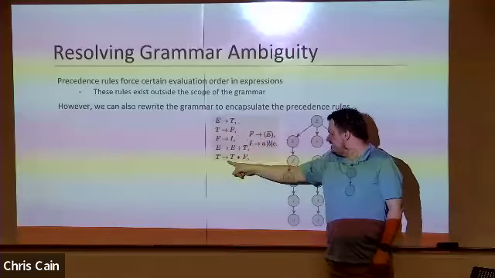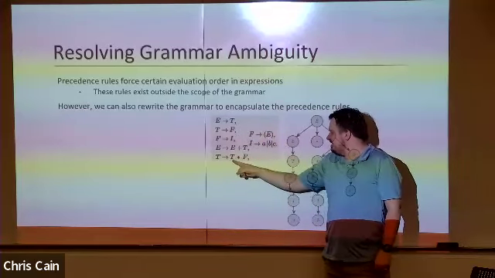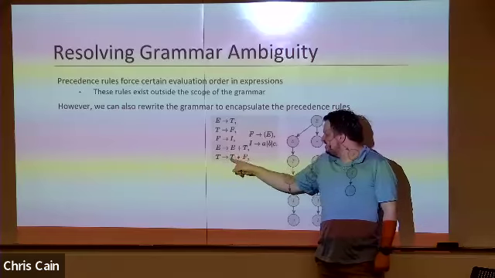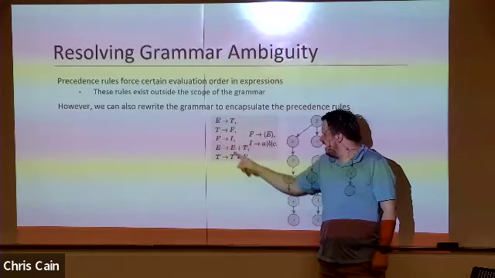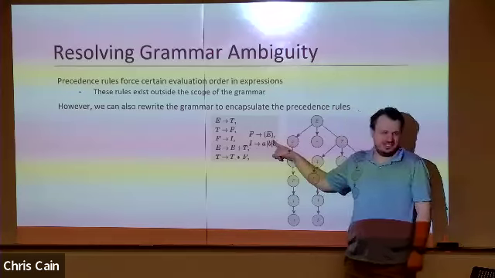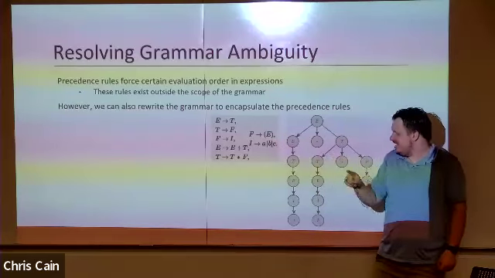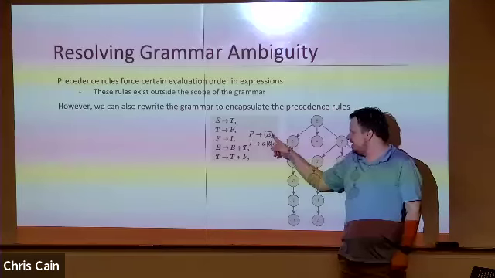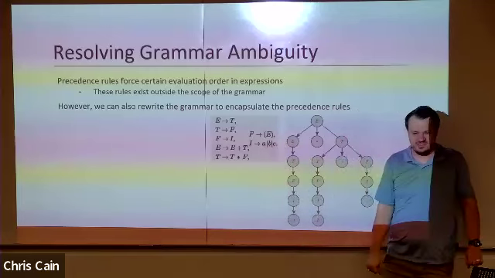So you'd end up with you start with the T times F. The T becomes an F, which becomes an E under parentheses. That's the route you have to take to be able to evaluate that plus before you evaluate the times.